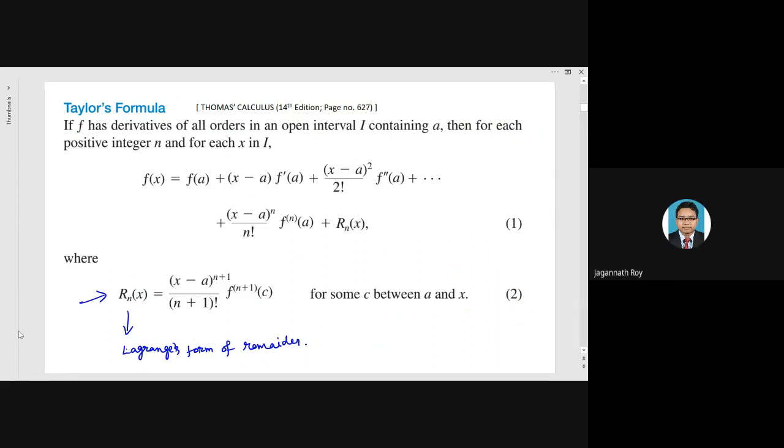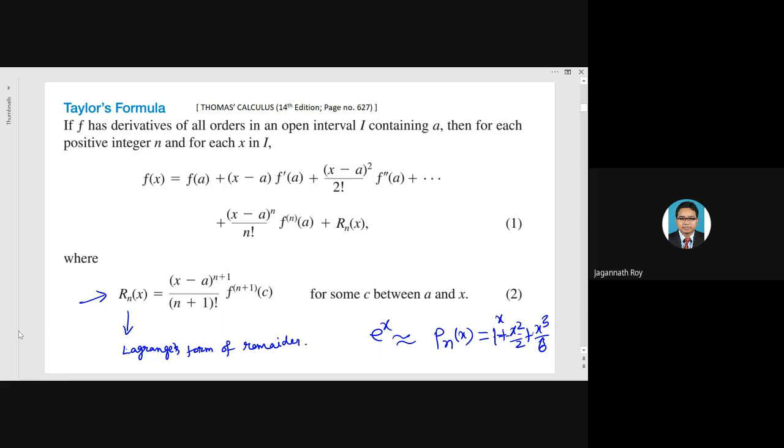So Taylor's formula will be when we call that Rn, because I have said that we use Taylor's theorem for approximation of a function, and we have seen how we can approximate e power x. This can be approximated by a polynomial Pn(x), for example, 1 plus x plus x square by 2 plus x cube by 6.